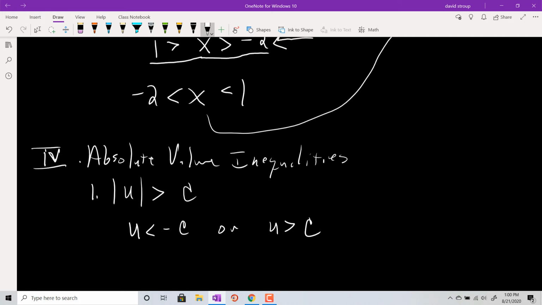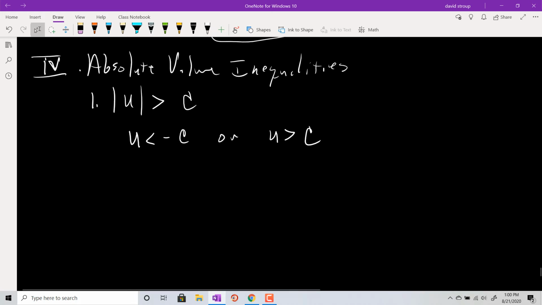And then you solve those. Okay? The other type is this one, and it could be less than or equal to. It doesn't have to be just strictly less than. When you see these, you're going to turn it into a compound inequality. It's really an and case, but we're just going to write it as the compound, right? So you're going to go u less than c and greater than -c.